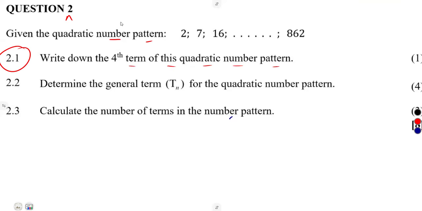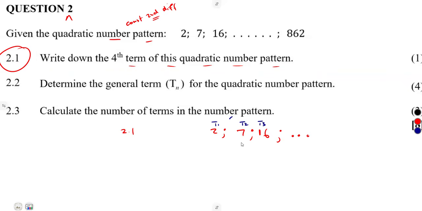Remember, a quadratic number pattern is the one that has the constant second difference. So we can actually use that concept to say if you're given 2, 7, 16, and so on and so on. These are our terms, like we've got our T1, our T2, our T3.